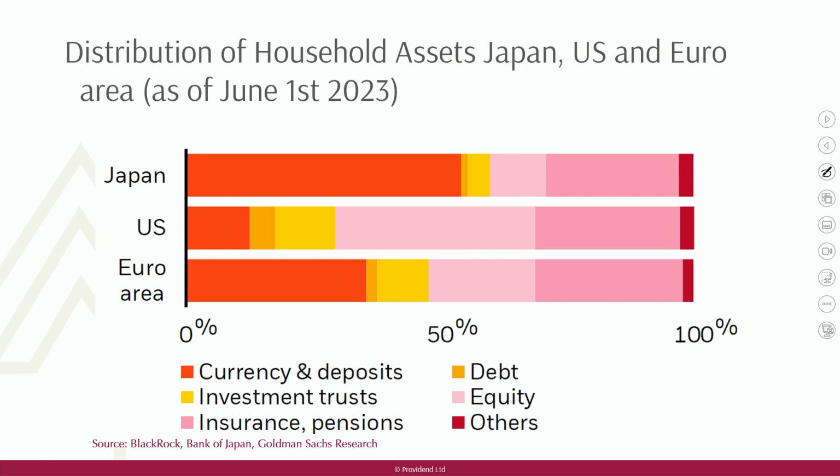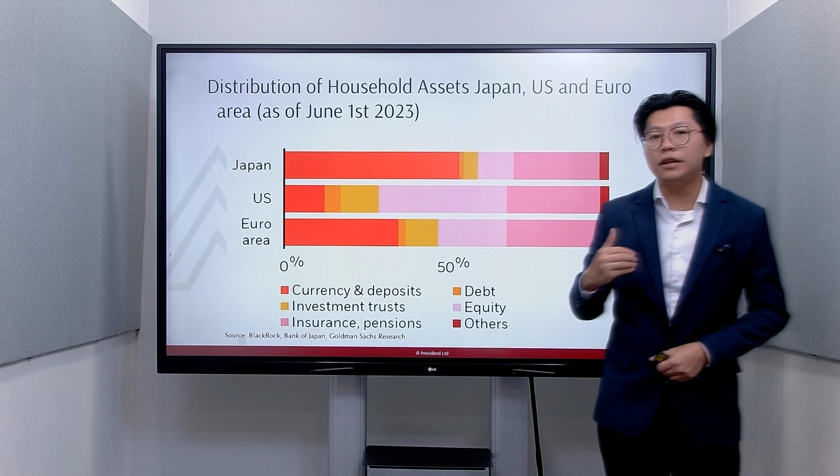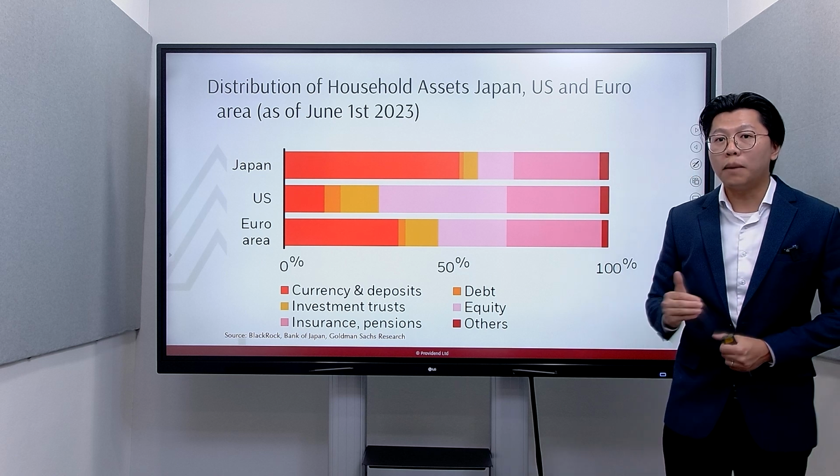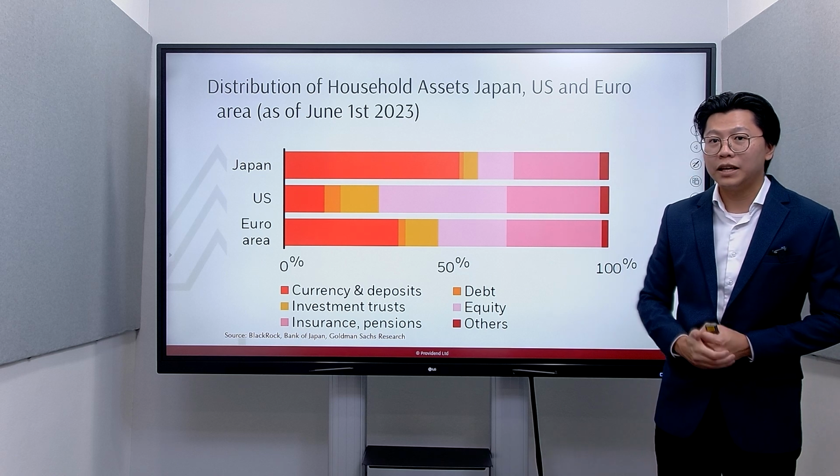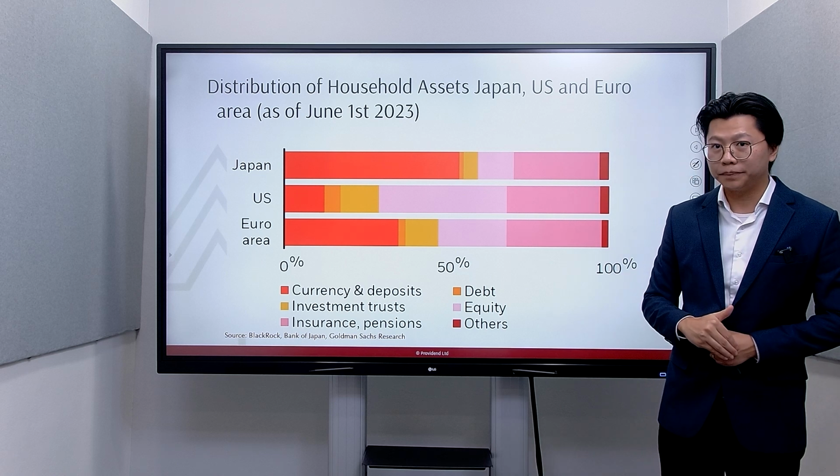Comparatively, the Euro area is about 33% in currency and deposits. If Japan's currency and deposits were to align with Europe, from 54% to 33%, BlackRock estimates there will be an inflow of funds of 1.7 trillion USD into Japan equity.